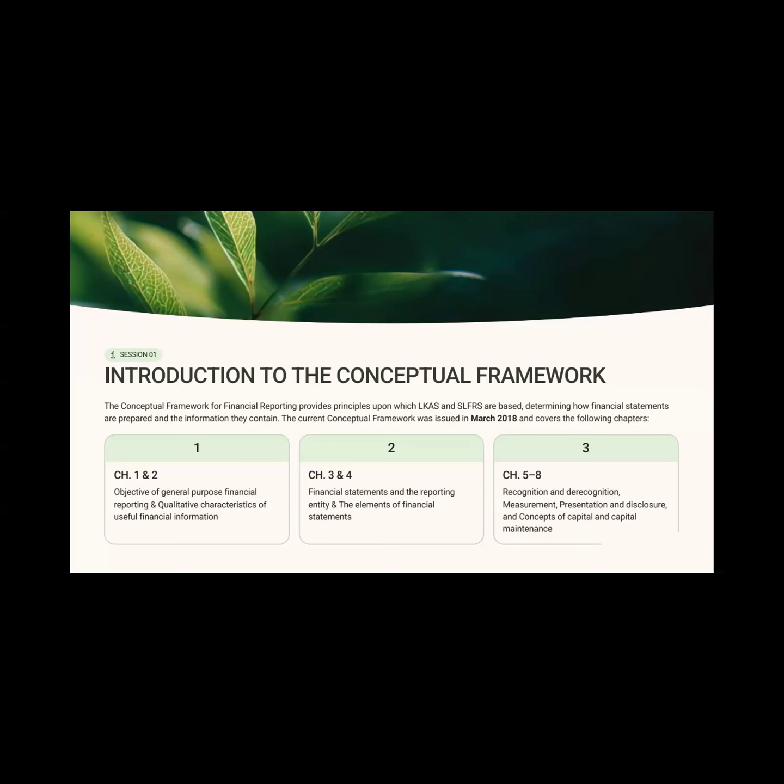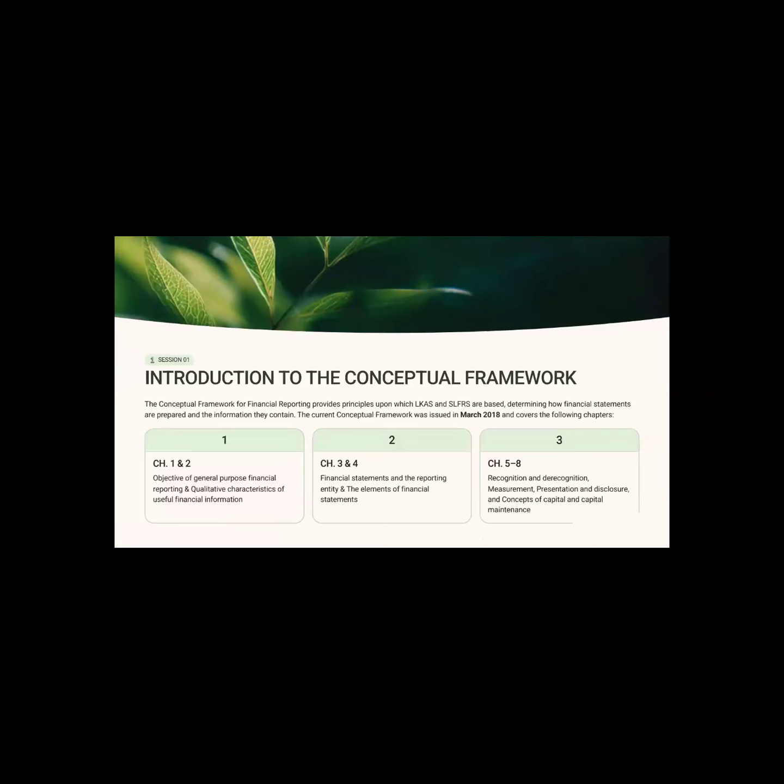Under the conceptual framework, they explain the objectives of financial reporting, the objective of general purpose financial reporting, and the qualitative characteristics of useful financial information. Here we are talking about accounting, right? Accounting means what?